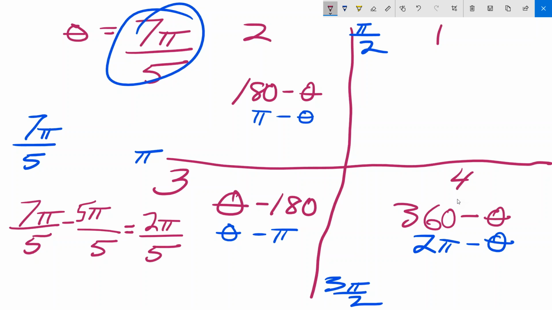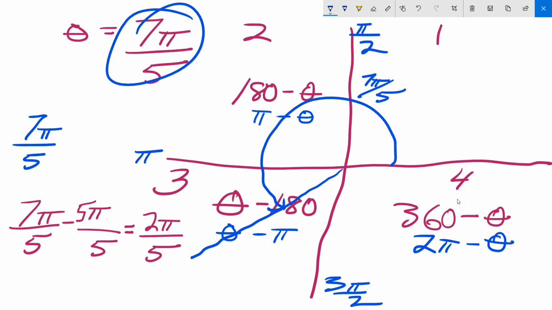Now, what is the reference angle? Well, let's draw that angle somewhere close to that. So that big blue thing is 7 pi over 5, right? The reference angle is the angle it makes with the x-axis. That's called the reference angle right there. This smaller amount.